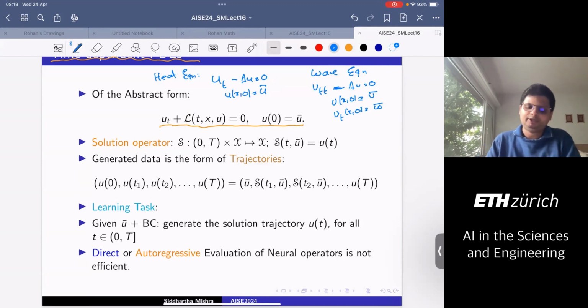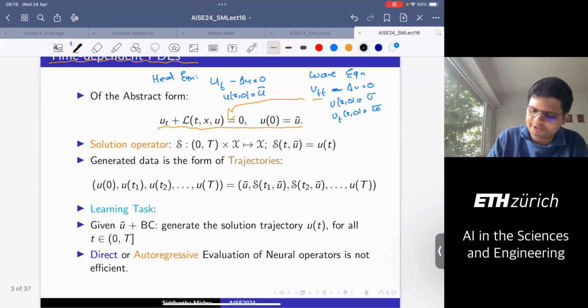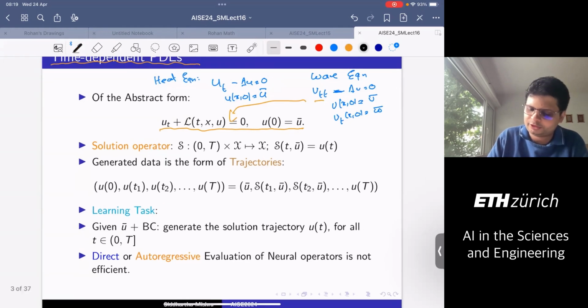So a priori, it doesn't look like the wave equation is fitting this format. But of course, many of you perhaps know there is a simple trick by which you can put one in the form of the other, and the trick is simply to identify what is called the velocity v_t with a w.